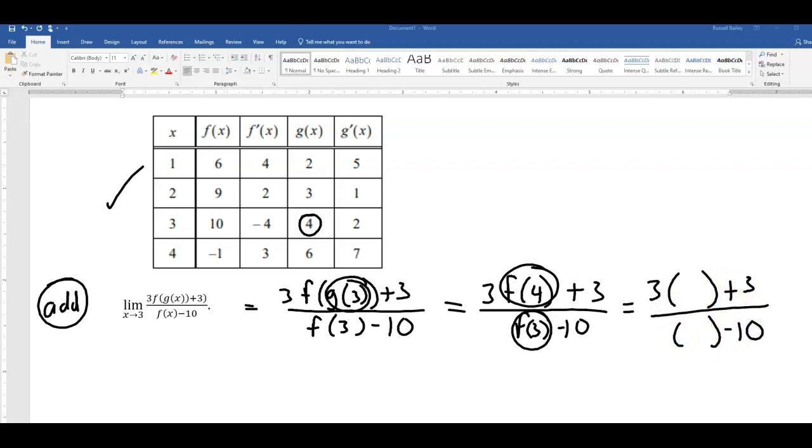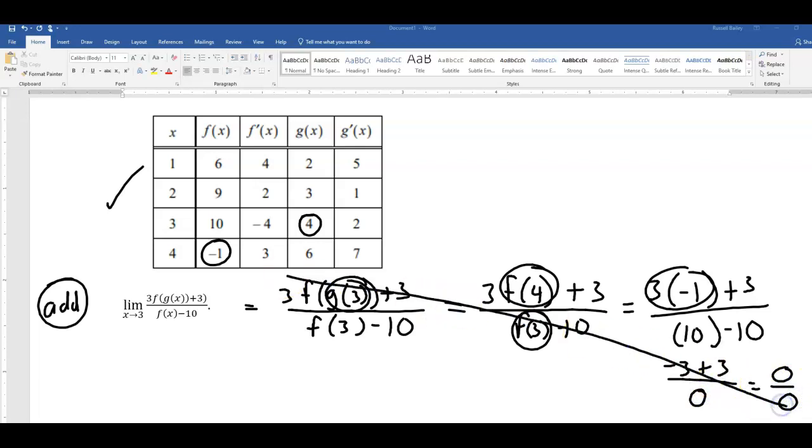So f of 4 is negative 1, and f of 3 is 10. So 3 times negative 1 is negative 3, and 10 minus 10 is 0. So we end up with 0 over 0, and that's a L'Hopital situation.